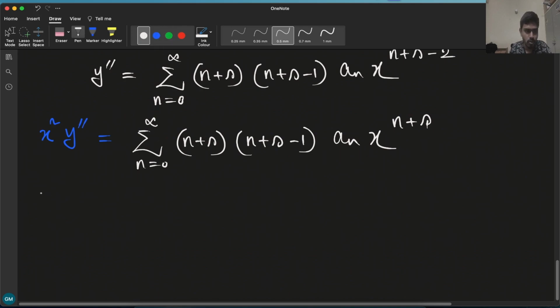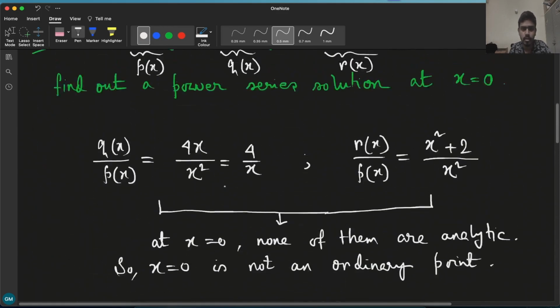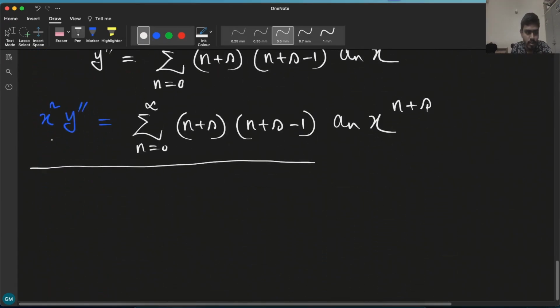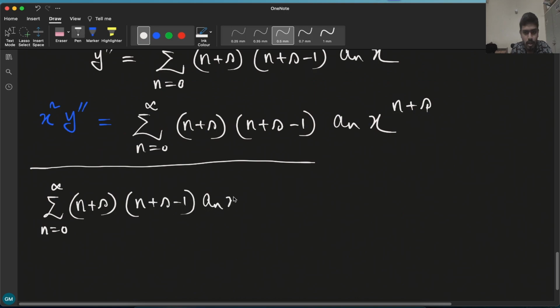Now we will put these terms together in this differential equation. Let's write the first term, x square y double dash, which is the sum over n equals 0 to infinity of (n plus s) times (n plus s minus 1) a_n x to the power n plus s.